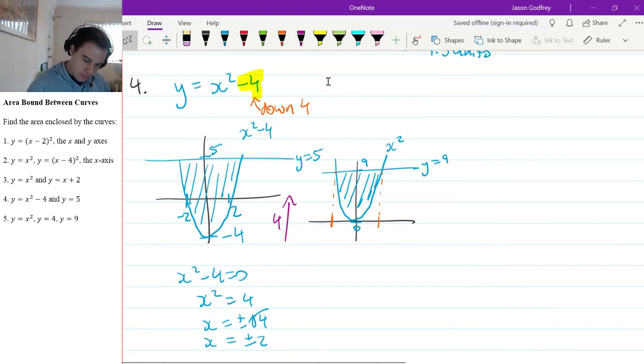So how can we find these points? Again, when does x squared equal 9? When x equals plus or minus root 9, when x equals plus or minus 3.